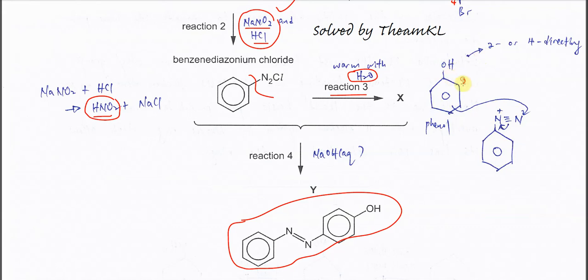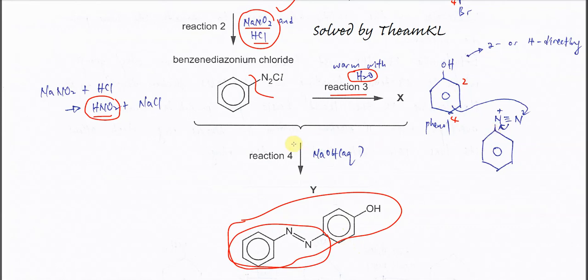Again, this is 2,4 directing. So the benzene diazonium ion will substitute the hydrogen at the 4th position. Eventually it will be this part, so it will form the azo dye when it reacts with the phenol. This is the electrophilic substitution, or in general we call it a coupling reaction.